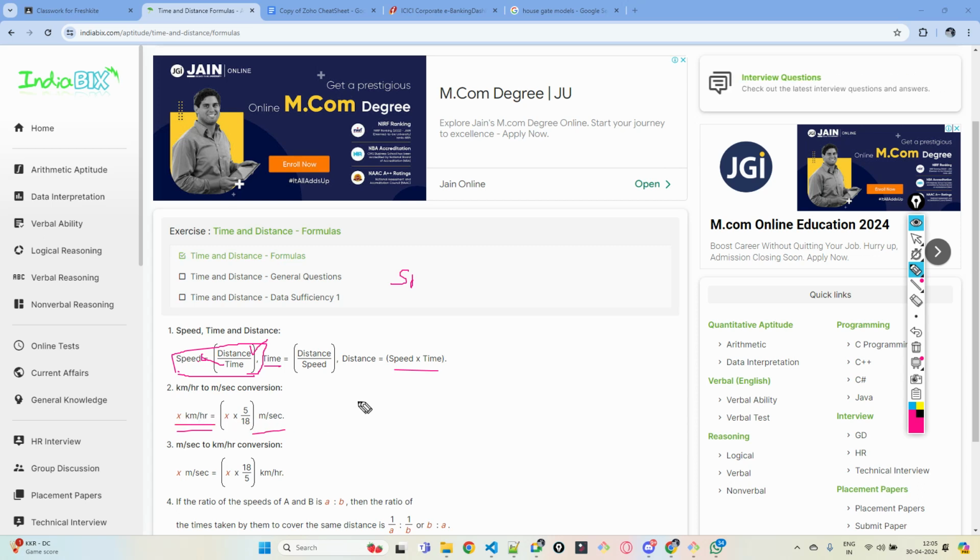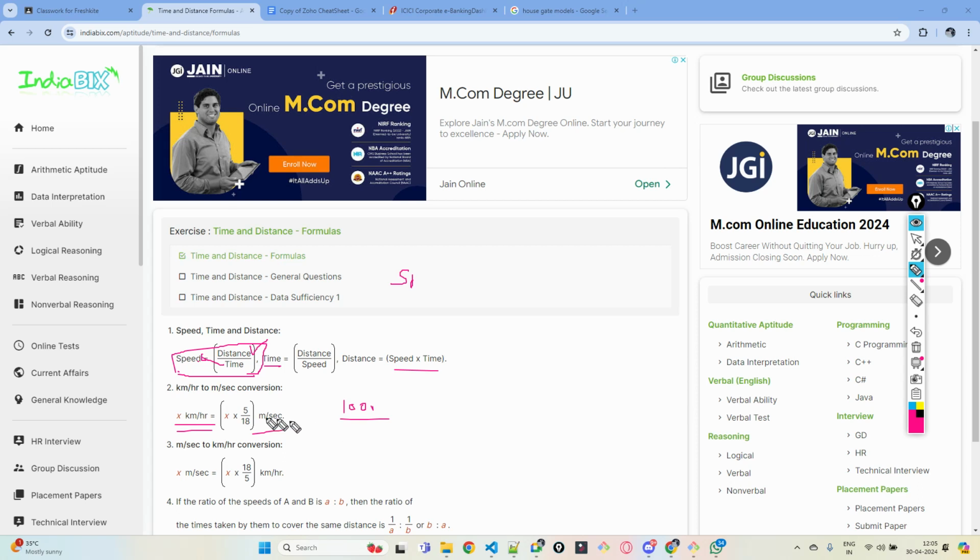To convert kilometer to meter, you have to multiply by 1000, because 1 kilometer is 1000 meter. Divided by, you have to convert hour to second.